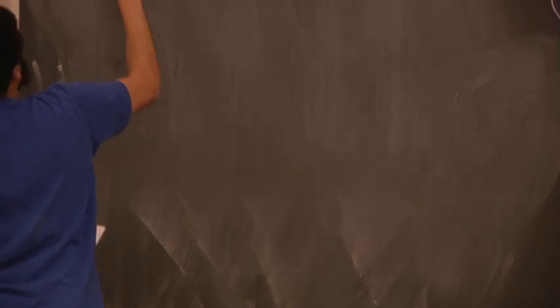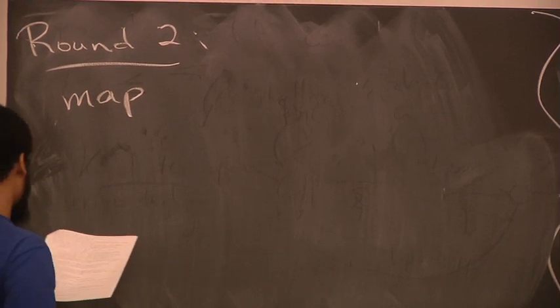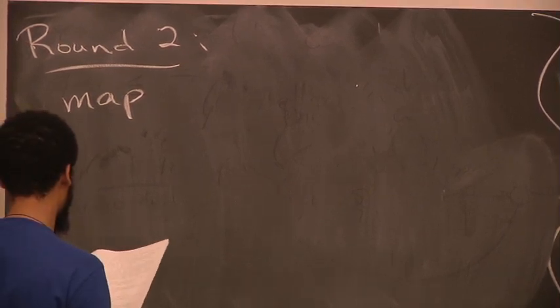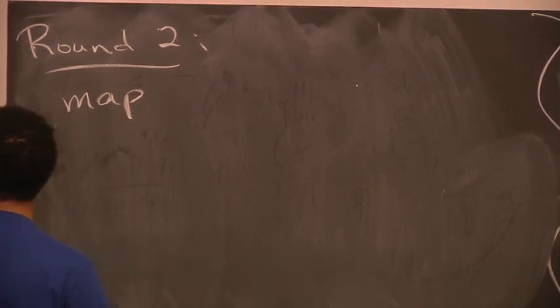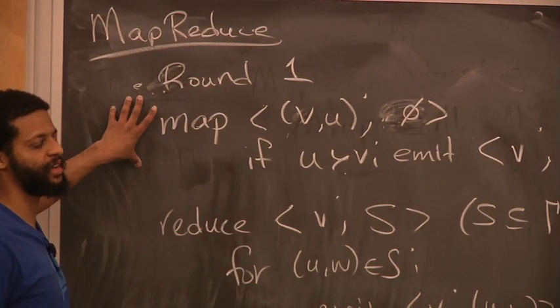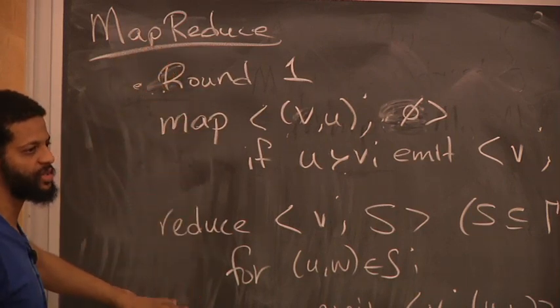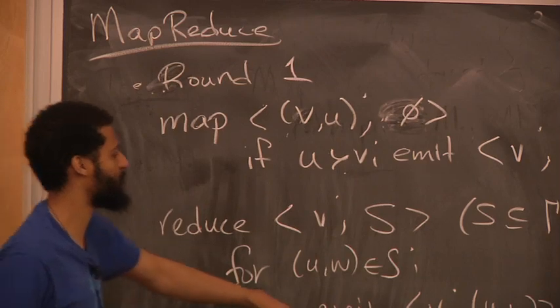And then there's round two. Map gets as input, so there are two cases for the input map gets. I'm going to imagine that the inputs that were in round one will also appear in round two. I could achieve that by just re-emitting them, and reducers also spit them back out. Plus, I'm also getting these outputs.